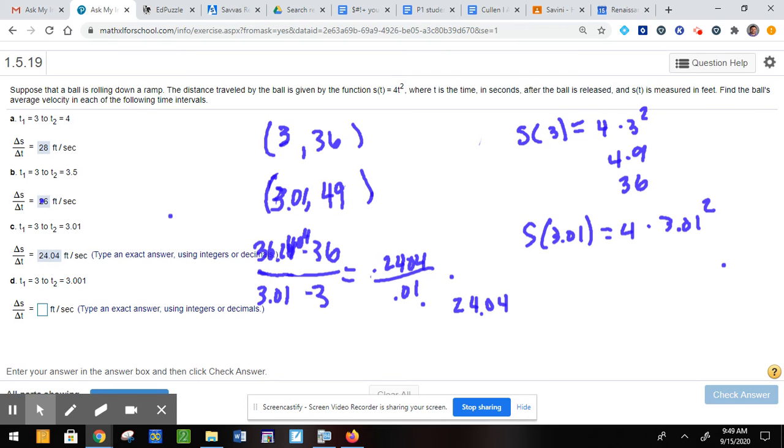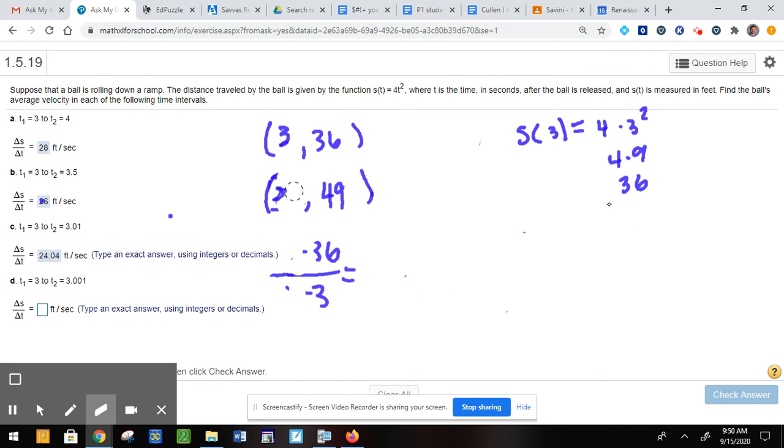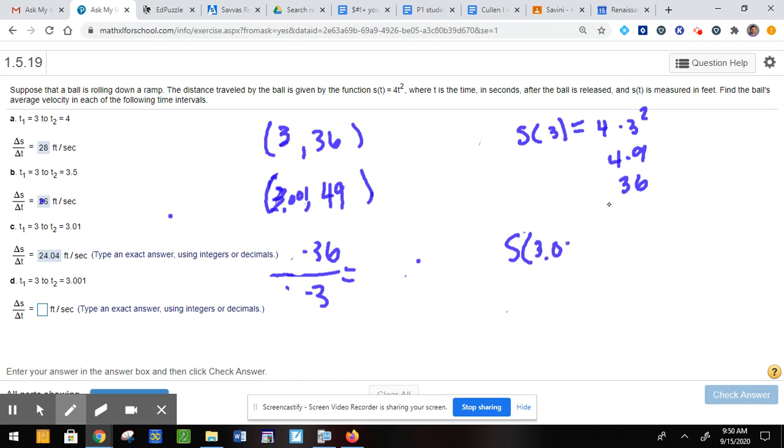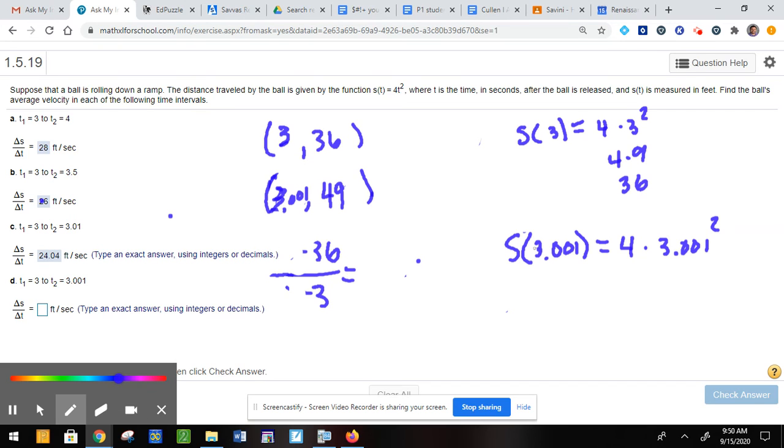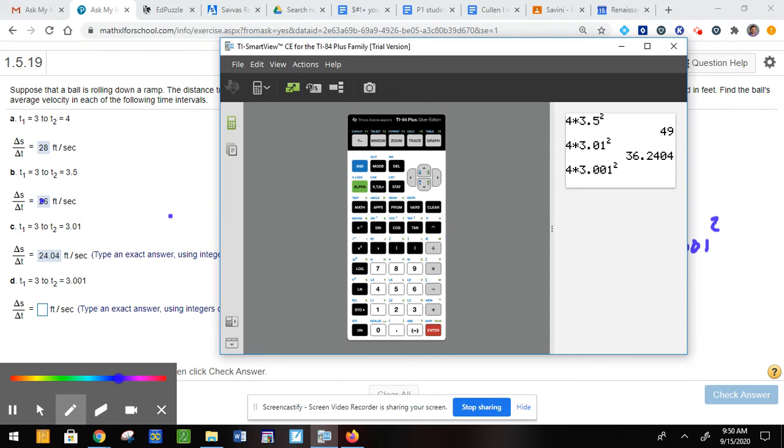That's good. Then we're just going to repeat the same thing again for 3.001. So what is s of 3.001? We'll just type that in the calculator and what we get is 36.024004.